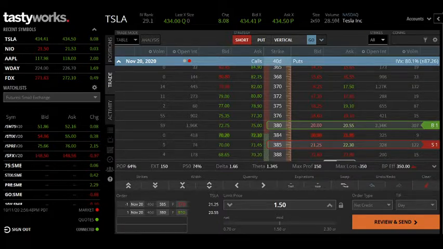Personally, if I'm going to get to max loss because something goes wrong with my trade, I would rather only risk $350 than $600.